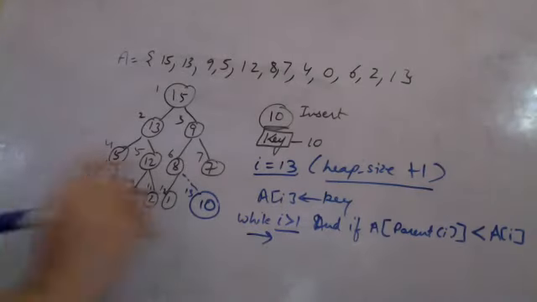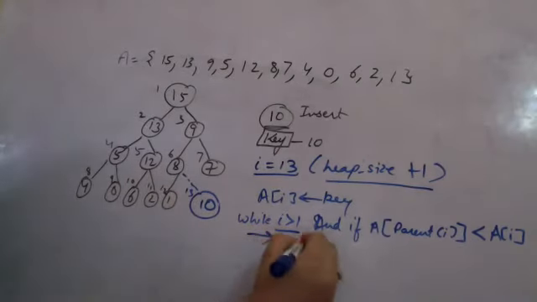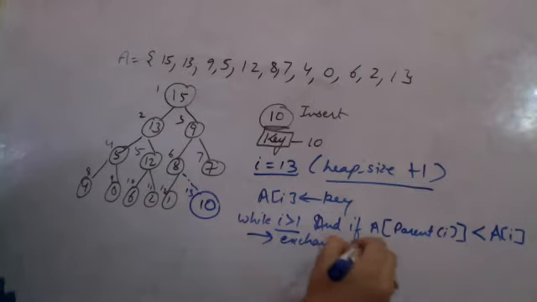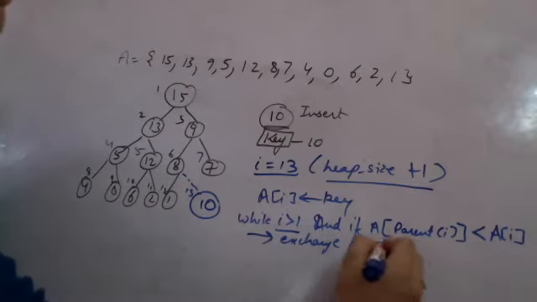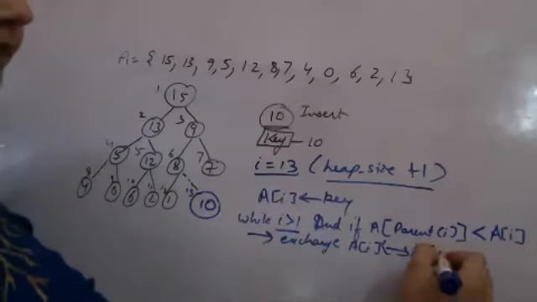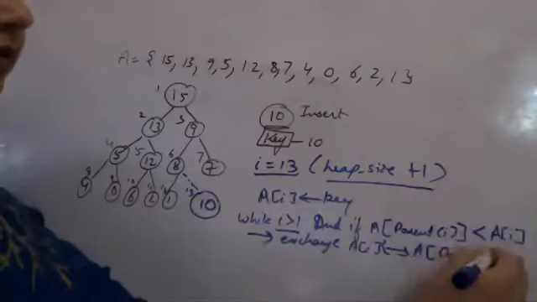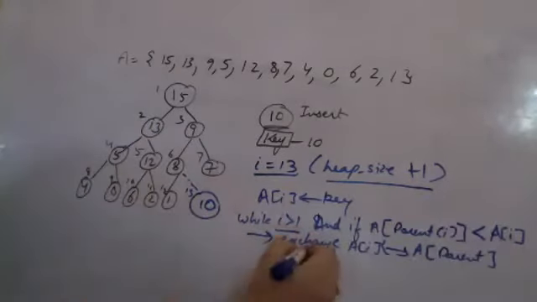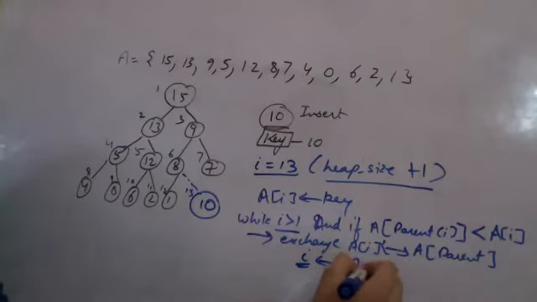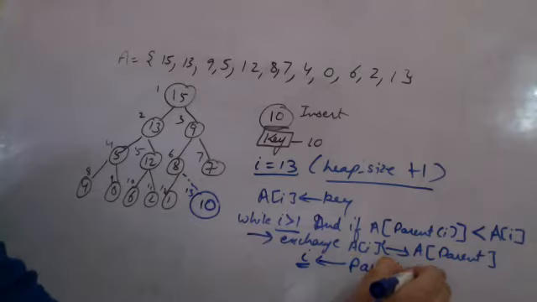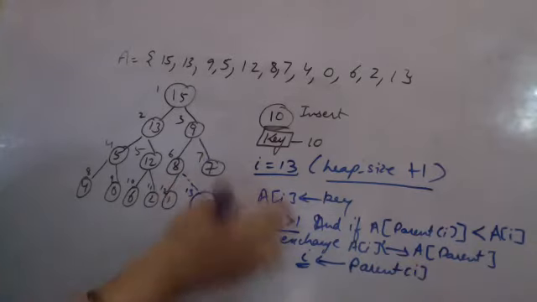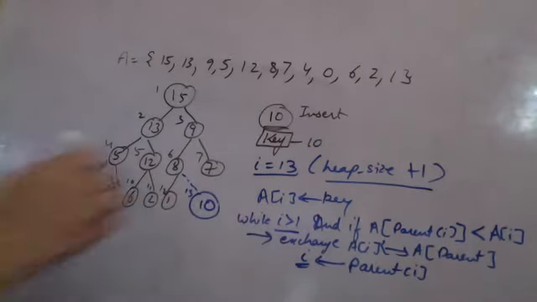In this case, I exchange A of i with A of parent of i, and I update the value of i to be parent of i, so that I recheck the condition and rerun the loop. This is all I do. With this I will be able to insert.